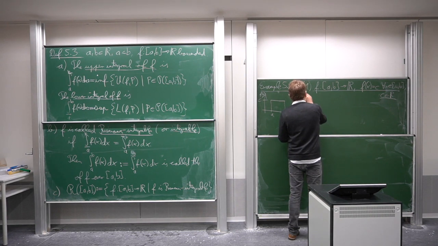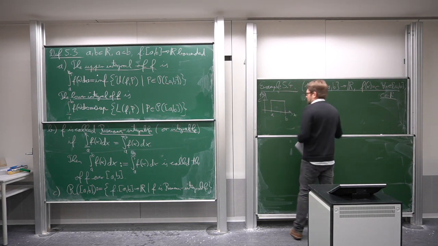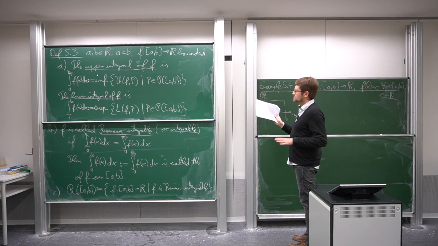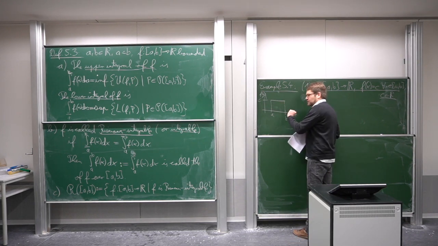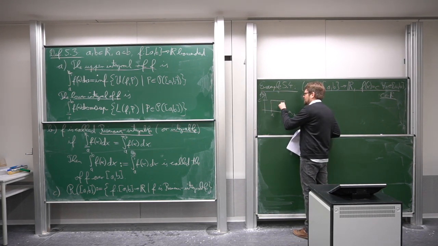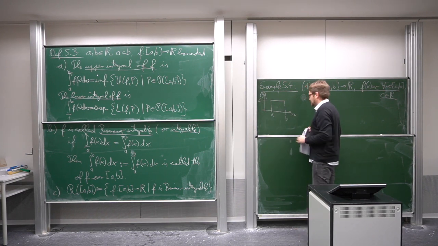For the formal argument for the lower sums and upper sums, you need the infimum and supremum of the function over an interval, and here infimum and supremum are the same. It's always this value c.